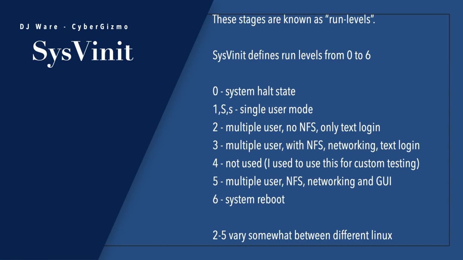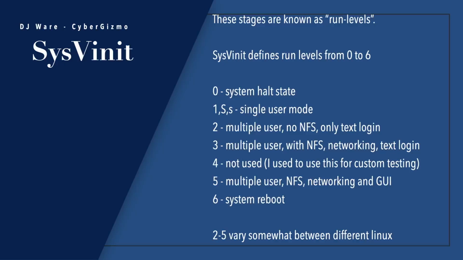But it didn't have graphical displays. It didn't have any kind of networking. The third type was multi-user level 3, which would allow for multiple users. That allowed for NFS. It turned on networking, but it still maintained a text login for the base system, so it didn't bring up a GUI or anything like that.